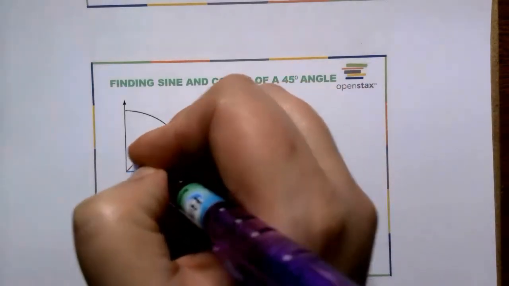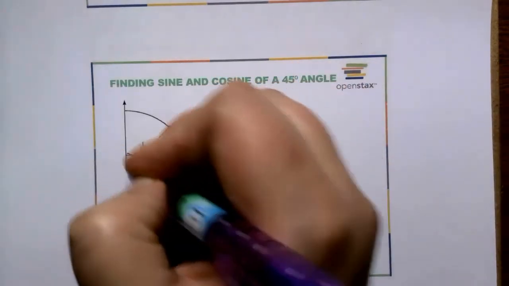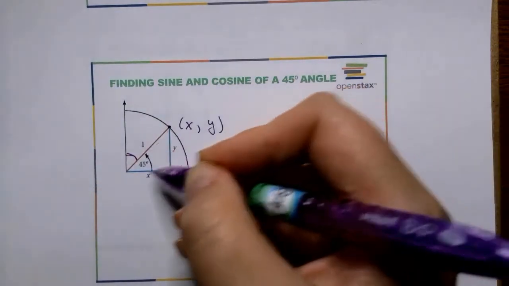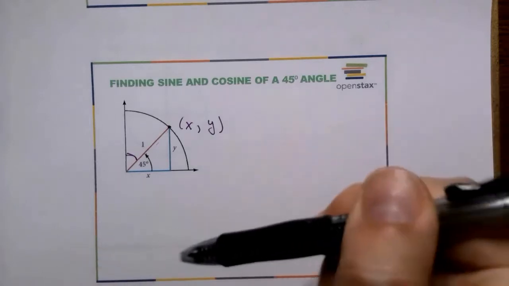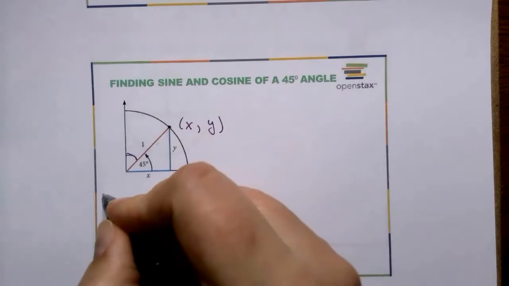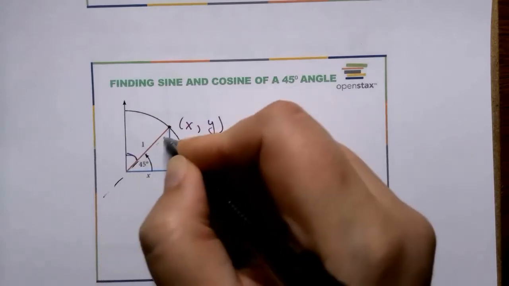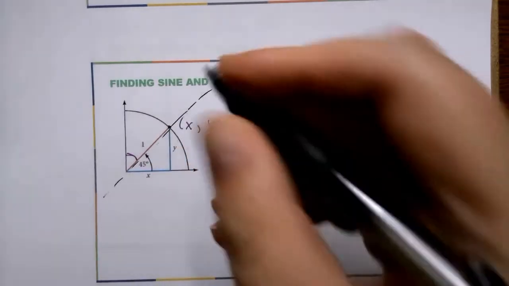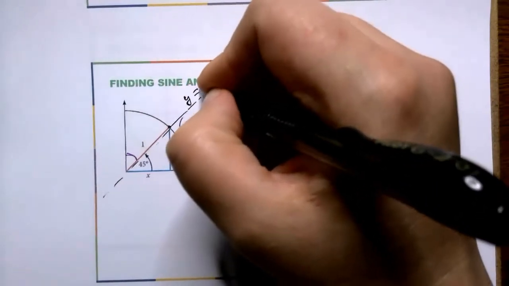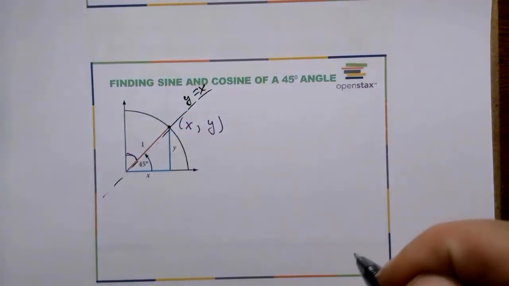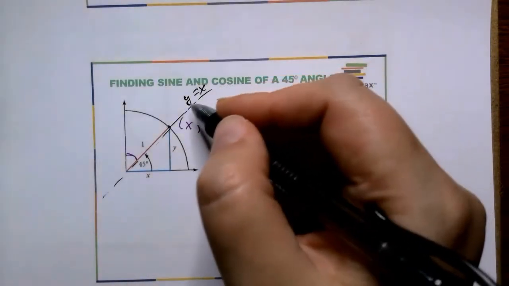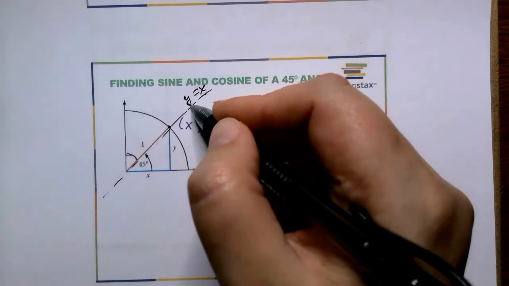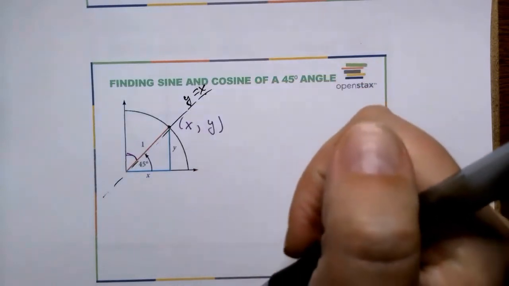So this angle is 45, so is this angle. This radius is on a diagonal line that goes through 0, 0, through the origin, and the equation of this line is y equals x. So for any point on this line, the x coordinate equals the y coordinate and vice versa.